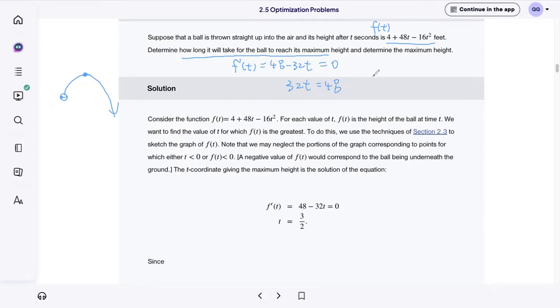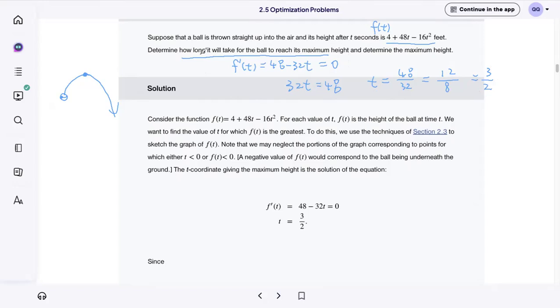Then we divide by 32 on both sides. So t equals 48 divided by 32. We can divide by 4, get 12 over 8, divided by 4 again is 3 over 2. So after 3 over 2 seconds, after 1.5 seconds, the ball will reach its highest height.